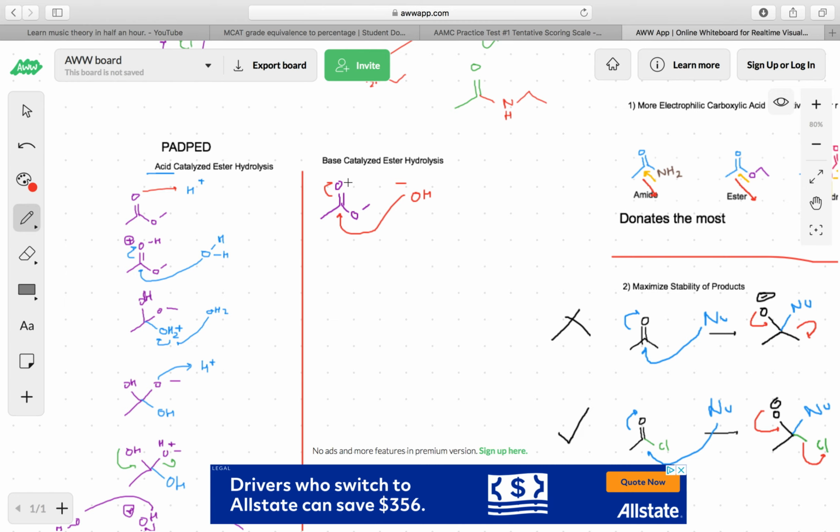Here there's no protonation, so it's a bit slower, but still works. And you should get something like this. Now, we don't want this CH3O group sticking off here. So we're going to kick it off using our anion.